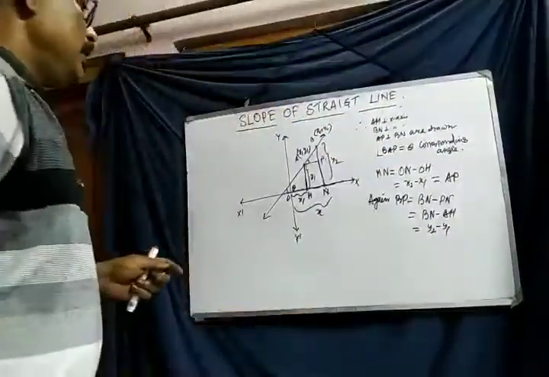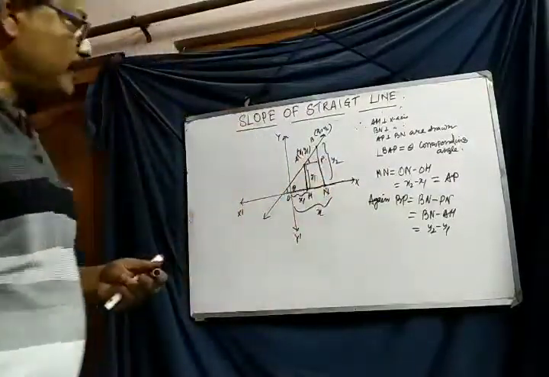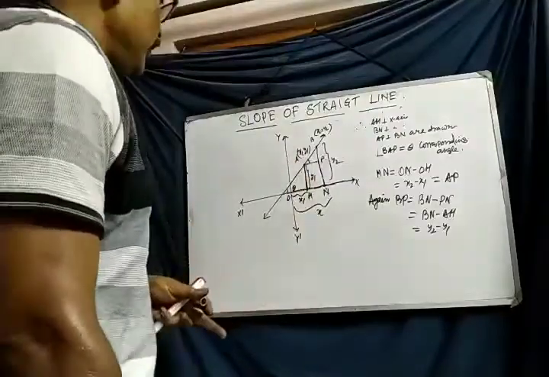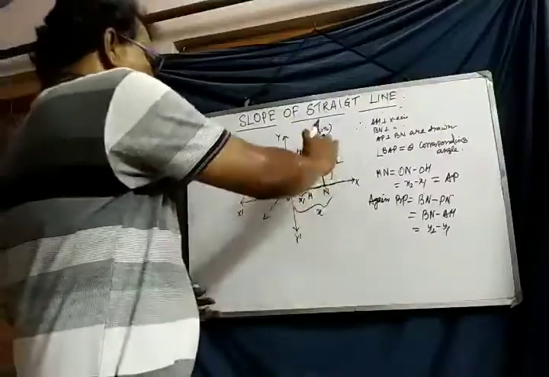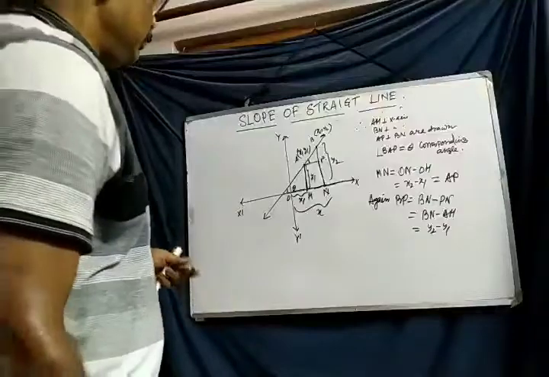Again, APNM is a rectangle. PN and AM are the opposite sides of the rectangle, so they are equal to each other. Therefore, BP is equal to y2 minus y1.